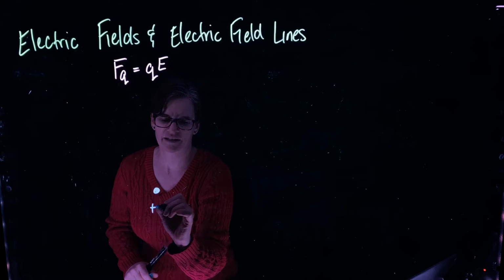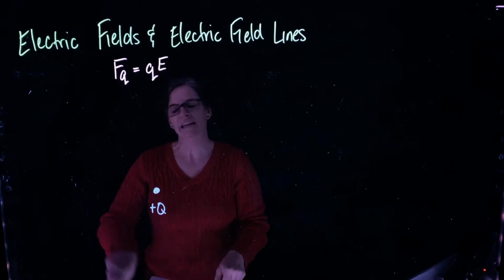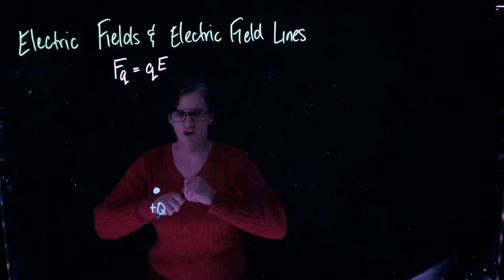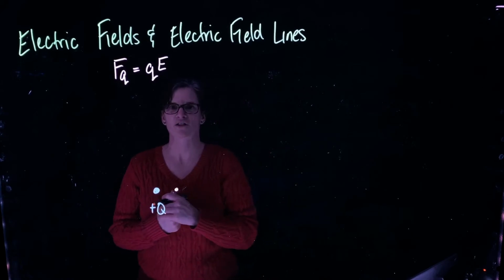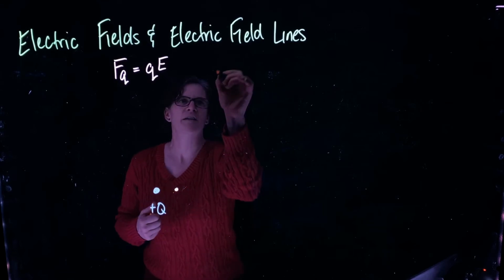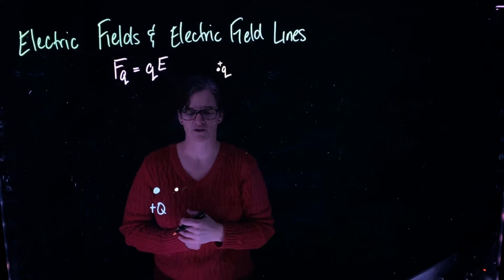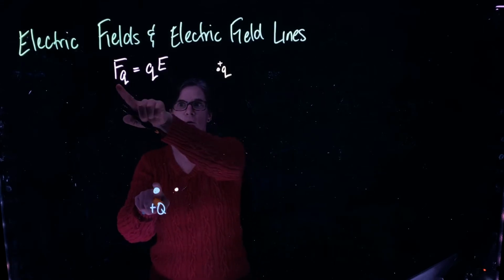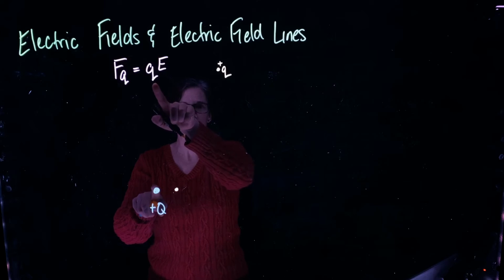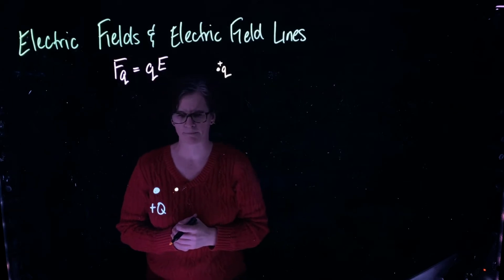our positive charge Q. Now, if I put a test charge really close to Q, there's my test charge, little q. These are always going to be small q, and we're going to use a positive test charge. We know that the force exerted is going to be equal to the charge, little q, times the electric field at that point.